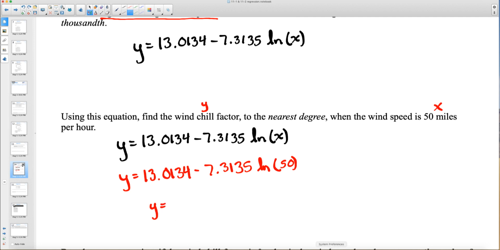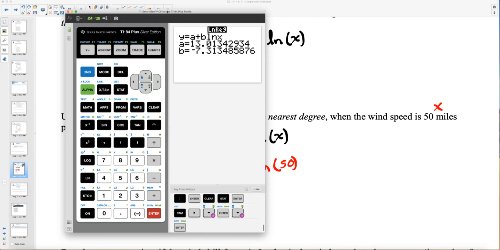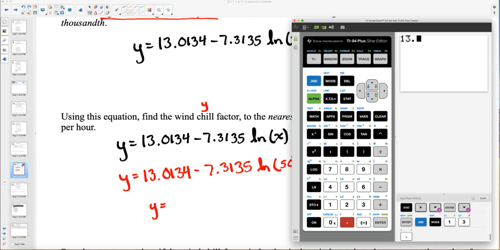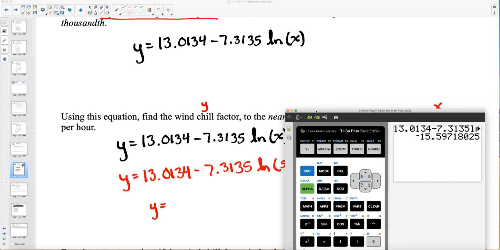Okay, so we'll go over to our calculator. 13.0134 minus 7.3135 ln of 50. Okay, so rounded to the nearest degree.